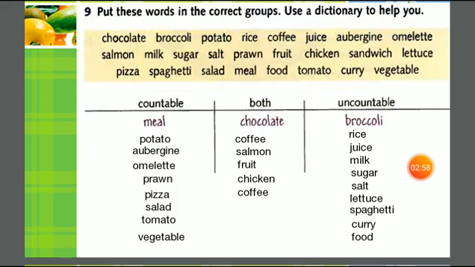In this exercise, put these words in the correct groups. Use a dictionary to help you.